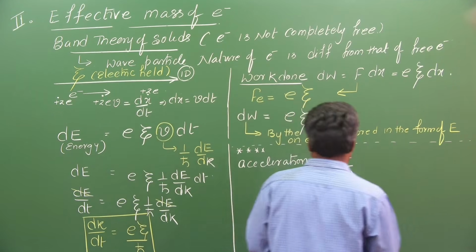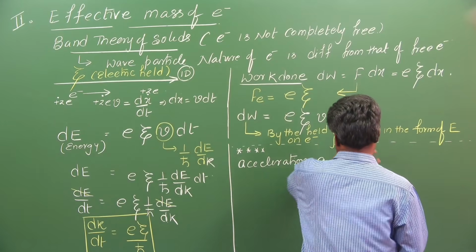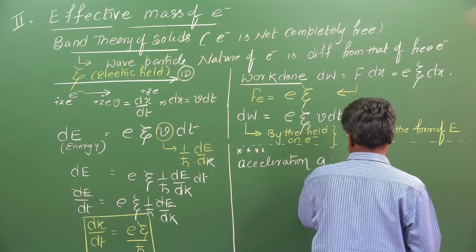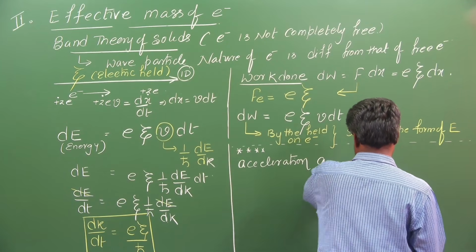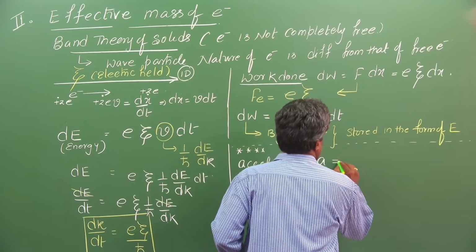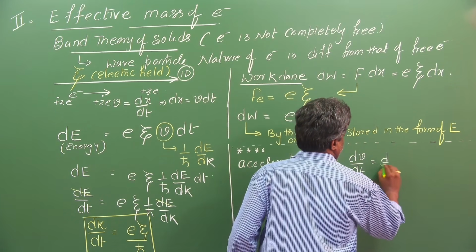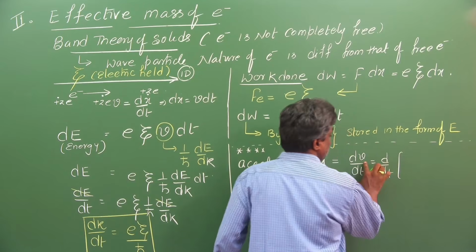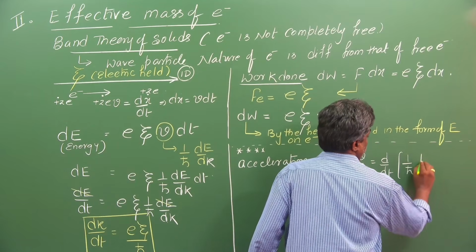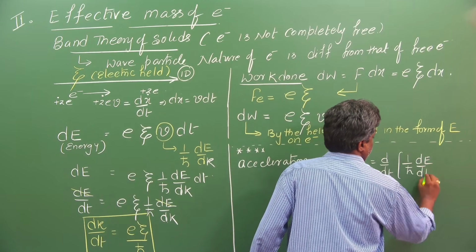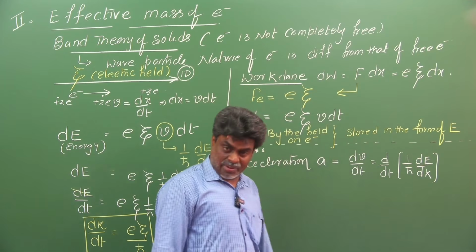Okay, so one minute. Acceleration, shall I write it as dv by dt? Then it's again d by dt of the velocity, dE by dk. Are you observing?